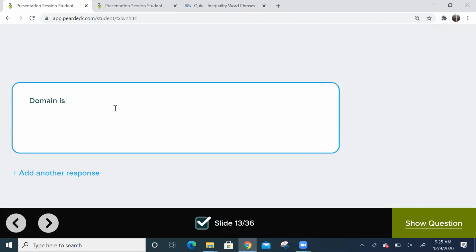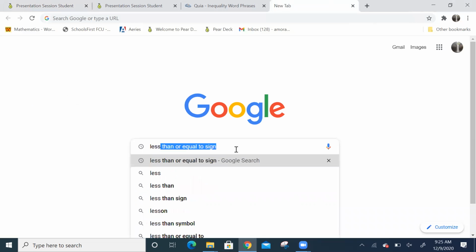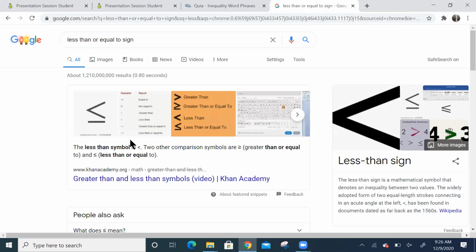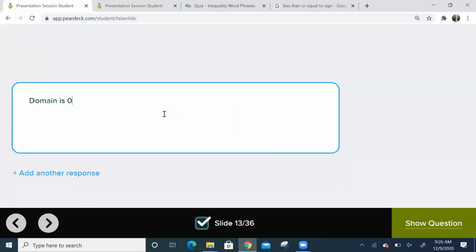We're going to use less than or equal to, so 0 is less than or equal to x, less than or equal to 240.